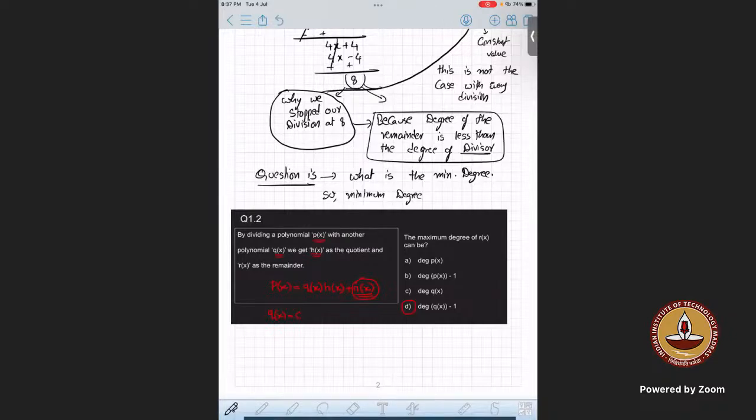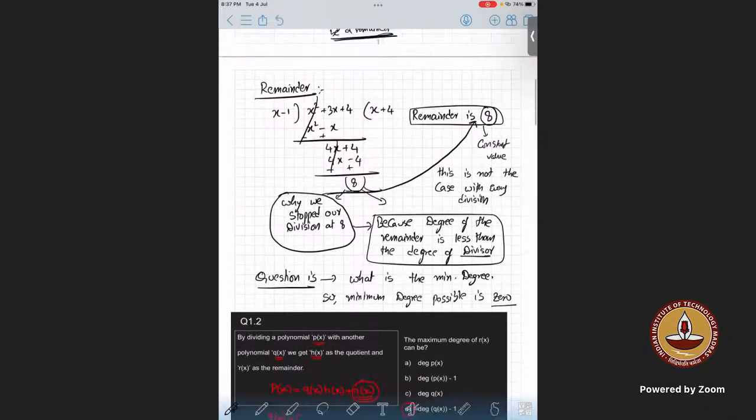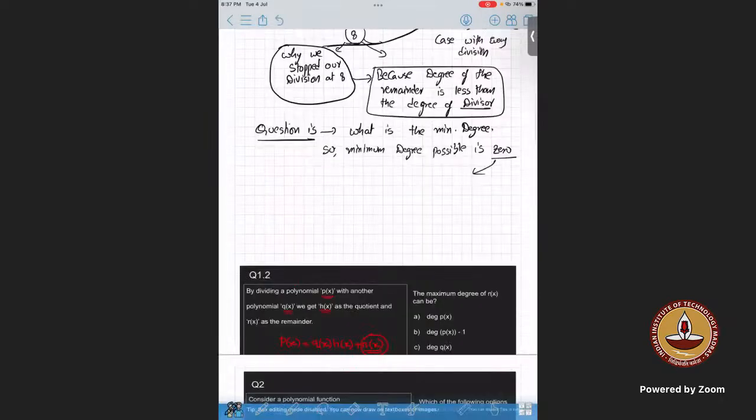If the remainder is a constant, the degree of the constant is 0. Agree? Everyone agree with this? Anyone has some doubt?